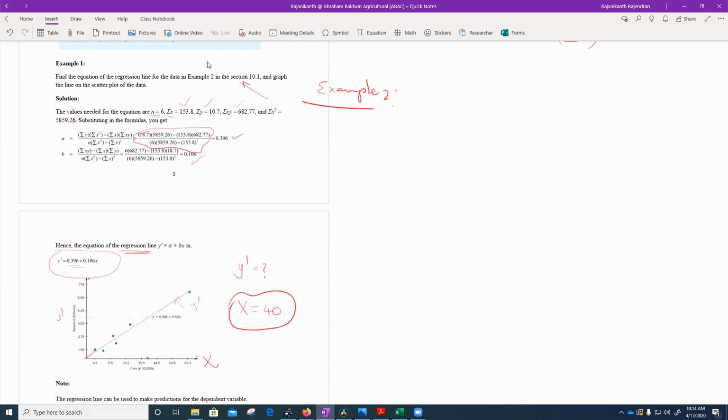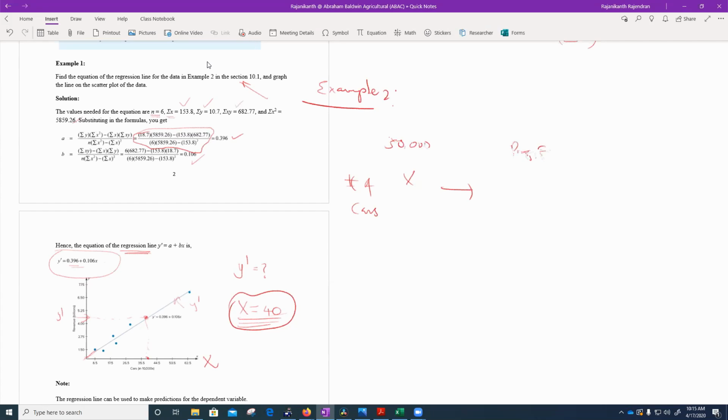Suppose we have two variables, where x is the number of cars produced. Think of it like this: in the future, say in 2022, if you are producing 50,000 cars, how much profit could I expect?